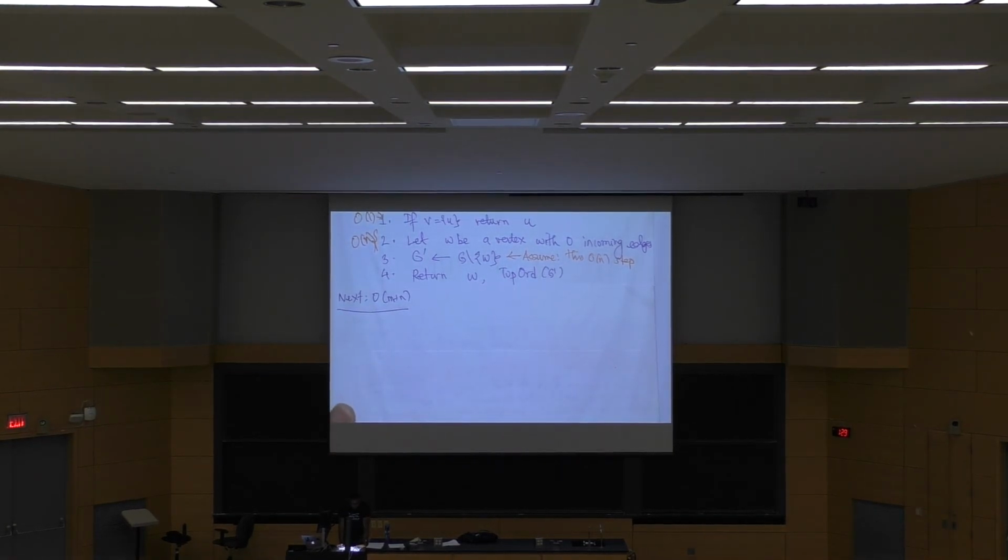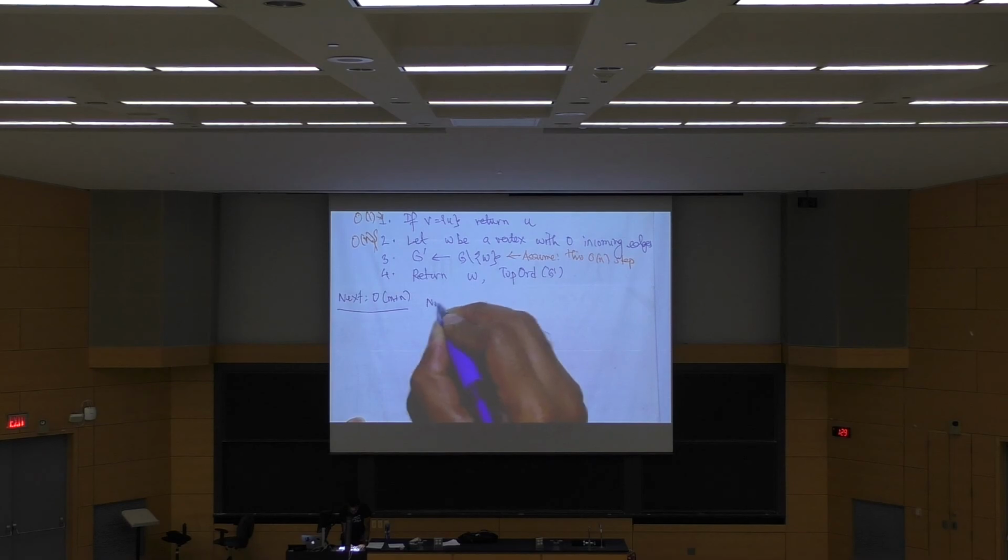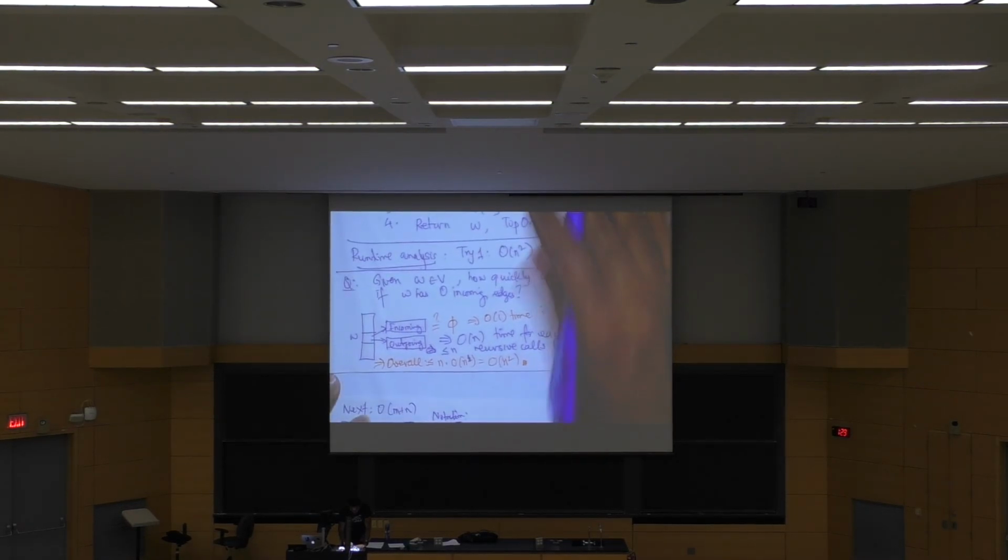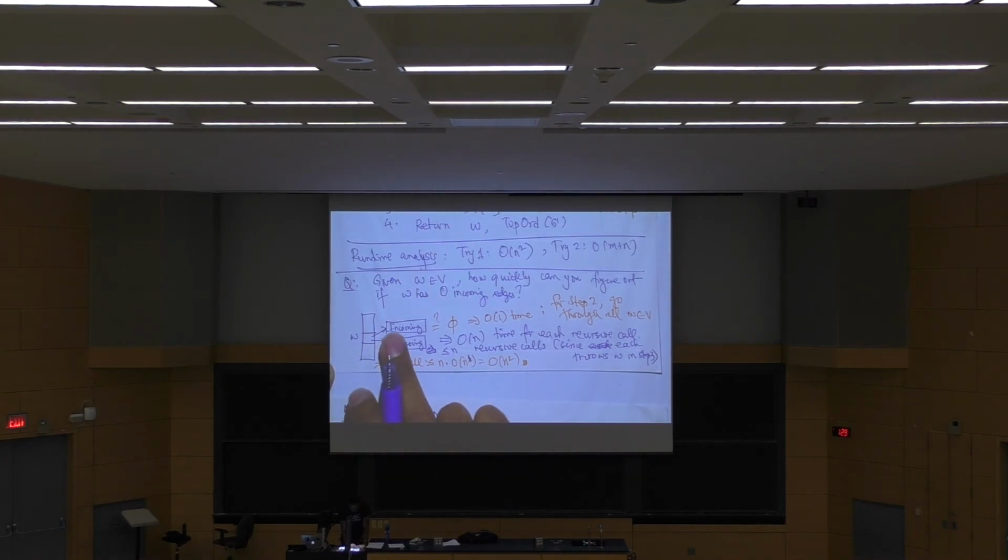So we want to go to order m plus n, and it turns out to help our analysis, it will be good to introduce a few more notations. Recall that for every vertex, you have the number of incoming neighbors and number of outgoing neighbors, and we'll just denote the size of these as in of w and out of w. Previously we were using n of w to denote the degree, and there were no directions.